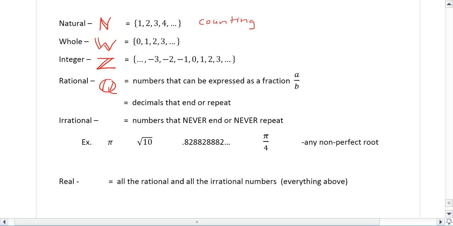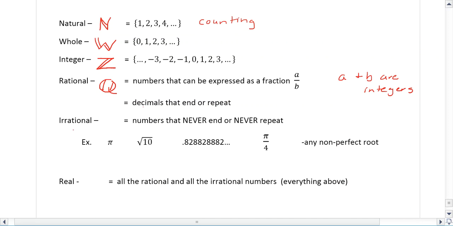Rational numbers can be expressed as a fraction A over B, but just to be clear, these numbers, A and B, are integers. Should add that to the definition. Another way to talk about rationals, they are decimals that do end or do have a repeating pattern.